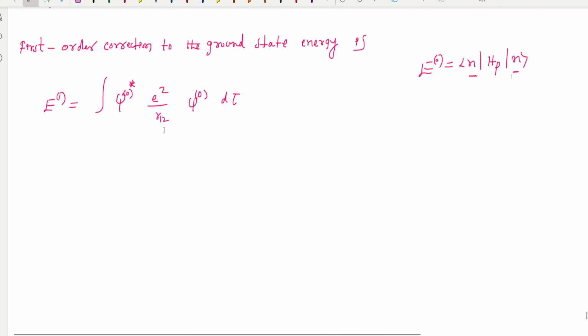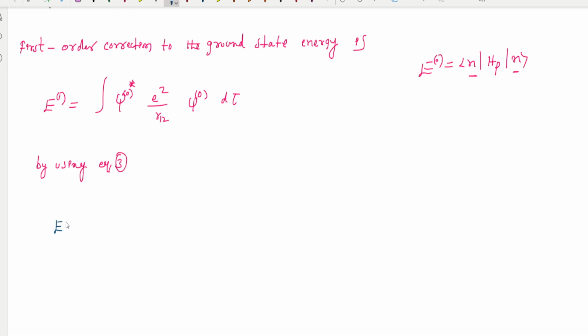So I'm going to write the corresponding first order correction energy term like this, by using equation number 3.